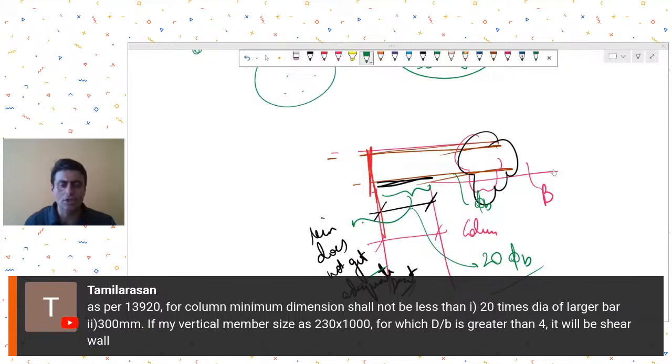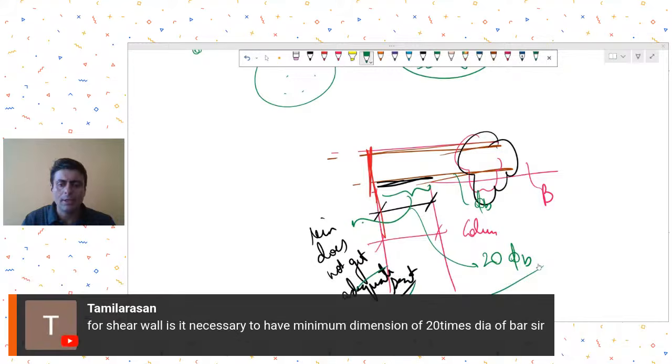Now technically it should still have that 20 dia criteria, but that criteria is given only in the column section, not for walls. So it's a gap right now that the code has, and engineers exploit that gap by providing a d by b more than 4, and then they are not required to follow any of this provision.